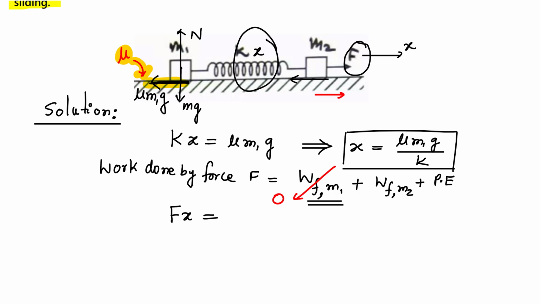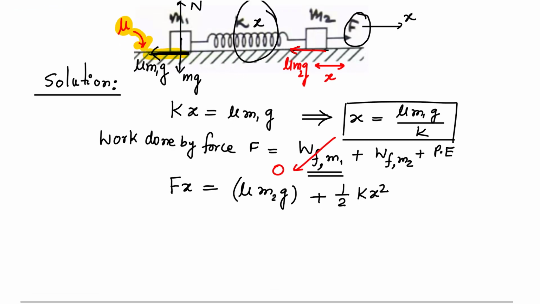And this has moved by x amount, so the second term will be mu, and normal reaction is m2g, so mu m2g is the friction force for this block. So this friction force will act in this direction, and this will be mu m2g. So this is the friction work plus potential energy. Potential energy will be half k x square.